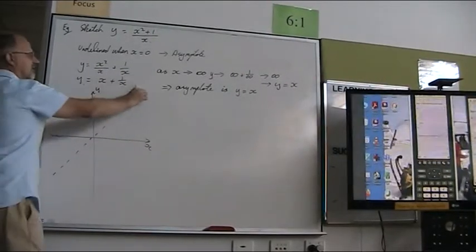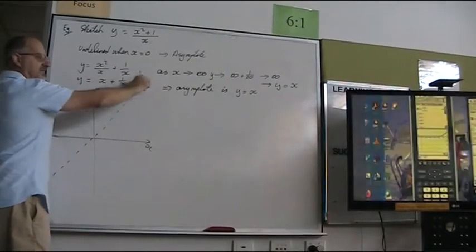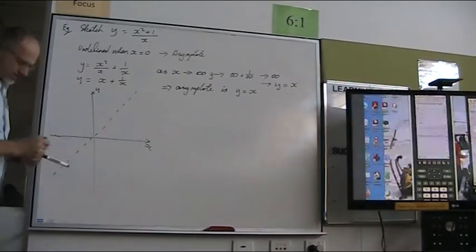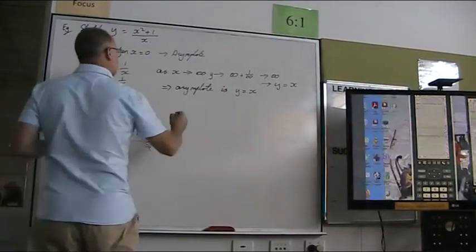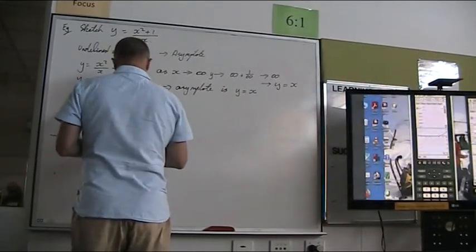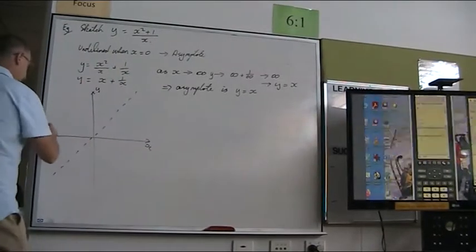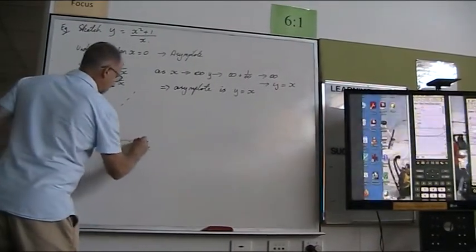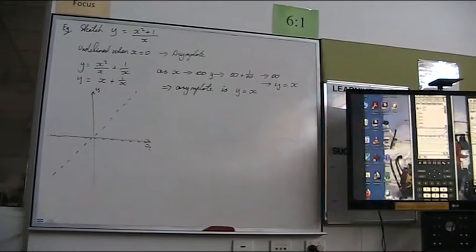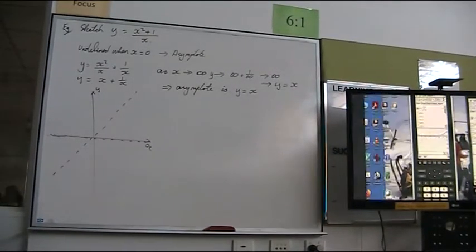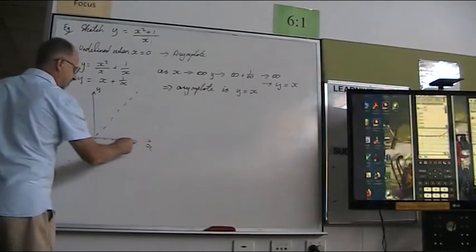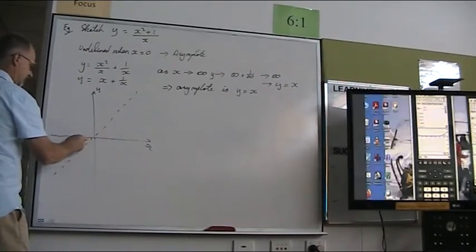Again, there's no plus some number on the end, so we've got a horizontal asymptote at y equals 0. Sorry, x equals 0, vertical asymptote.